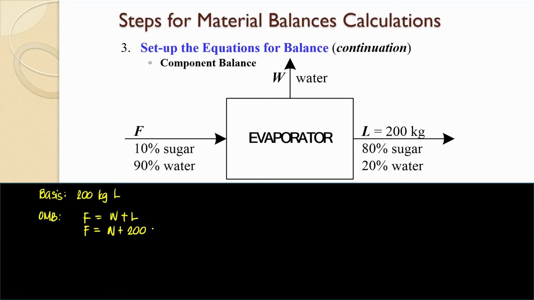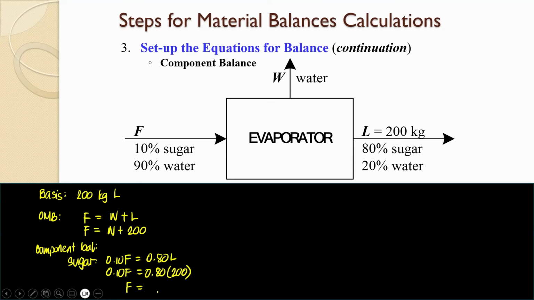I can see that this is one equation. Then I'll do my component balances. If I do the sugar balance first because it's easier, 0.1 F is equal to 0.80 L, or 0.80 times 200.